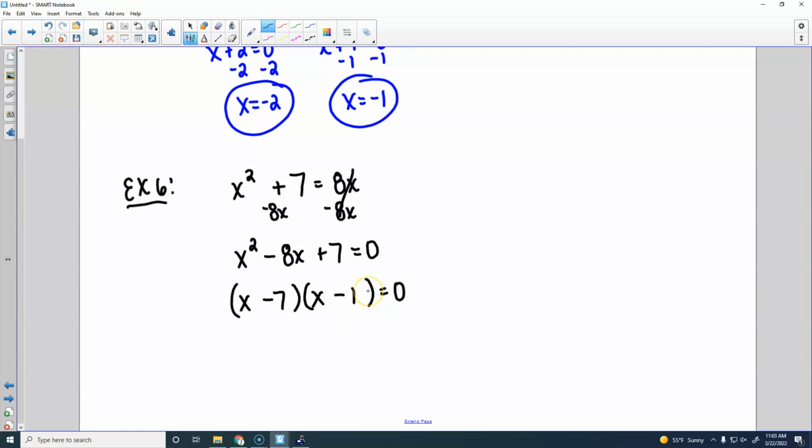And then here, that's not our answer. We got to set each one equal to 0. So x minus 7 equals 0, so x equals positive 7. x minus 1 equals 0, so x equals positive 1. We've got those 2 answers there. Okay, questions?